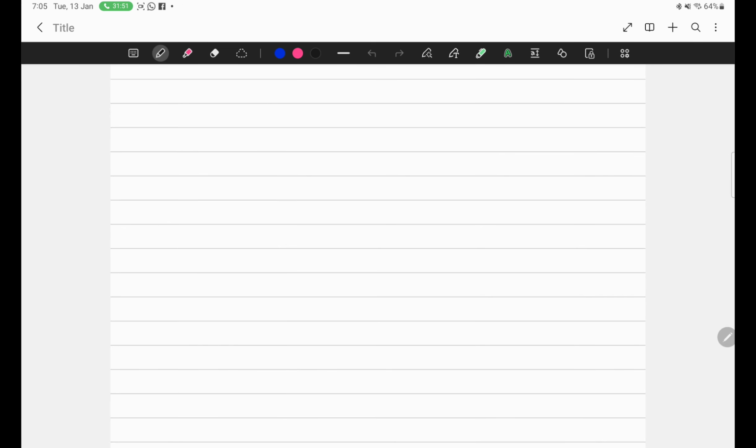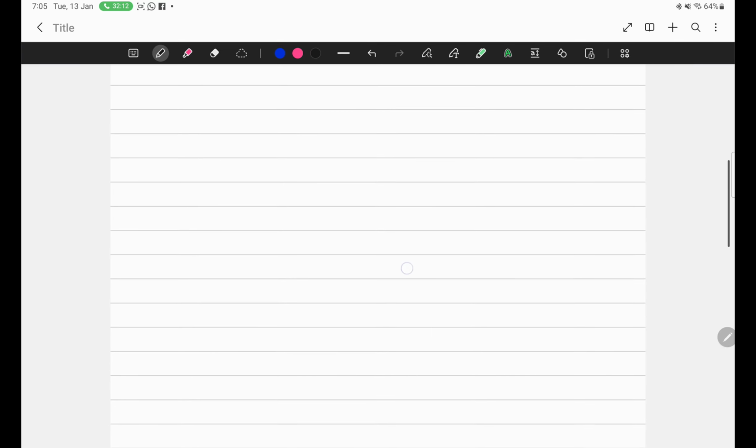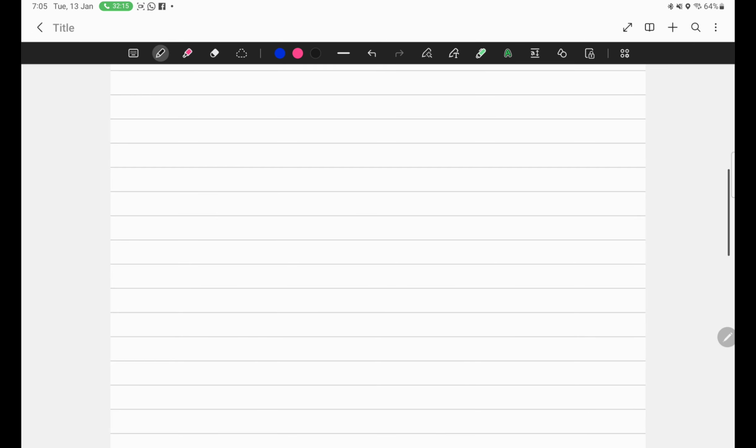I am explaining. Okay, explanation of temperature with resistance for semiconductor material. I am going to explain. Okay. In current electricity chapter, we use capital N and small n in your course.